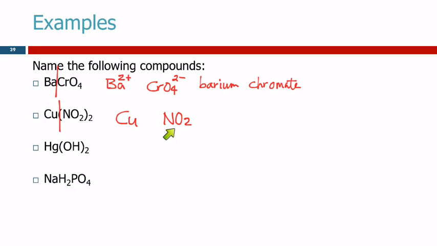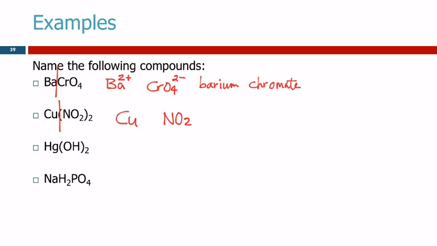When I'm looking at the name of this ion, I don't care about the parentheses and this 2 out here. That just tells me I have 2 of that unit. The formula for the ion itself is NO2 with some charge on it. Well, find copper on the periodic table. Ask yourself, is it in group 1A, 2A, 3A, zinc, or silver?